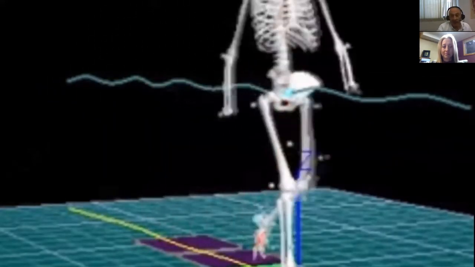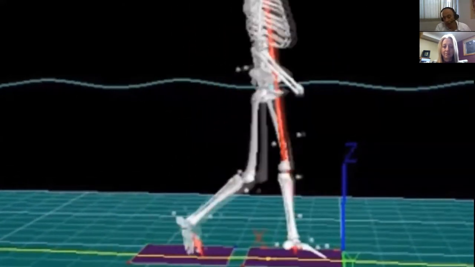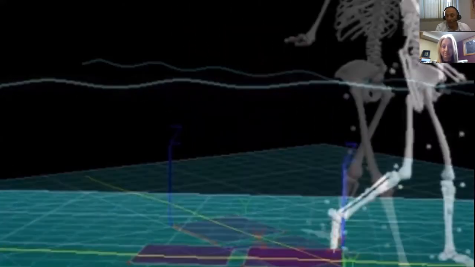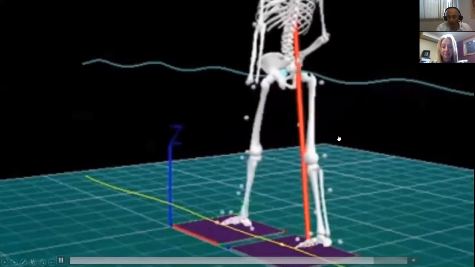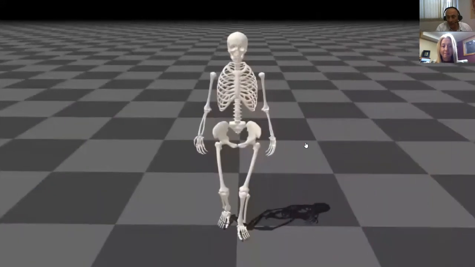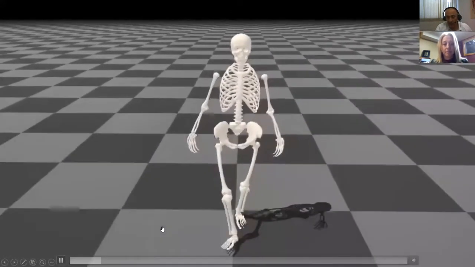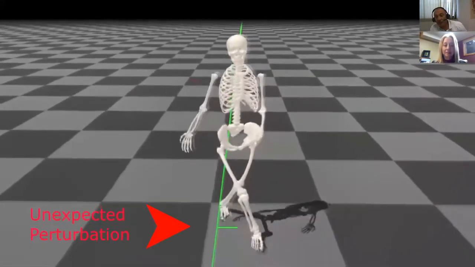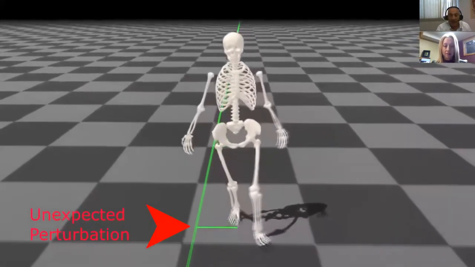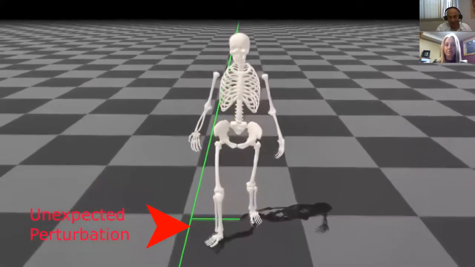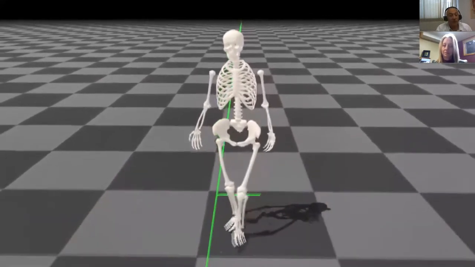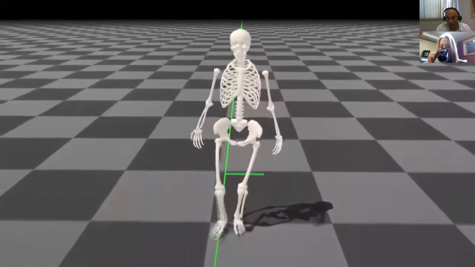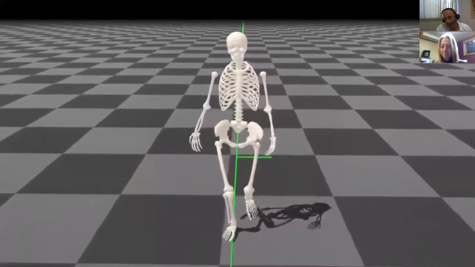But this is done in a very planned, methodical, cyclical way. If we compare that now to what's happening with a trip or a slip, the center of mass is being shifted, as I said earlier, and then we have to react to that shift. So we have to do some sort of reactive response to be able to maintain our balance.